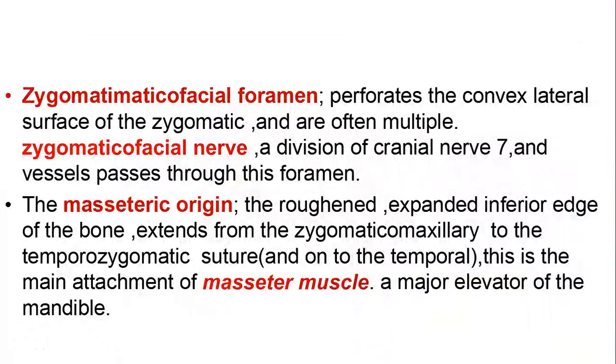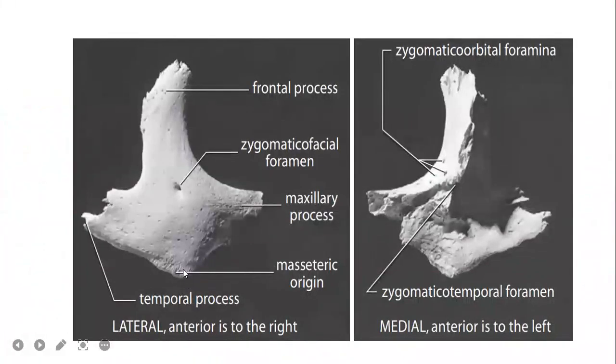The zygomaticofacial foramen perforates the convex lateral surface of the zygomatic and is often multiple. The zygomaticofacial nerve, a division of cranial nerve 5, and vessels pass through this foramen. Masseteric origin, of which we've been able to check, or we can go back and see. So what is all about this part?